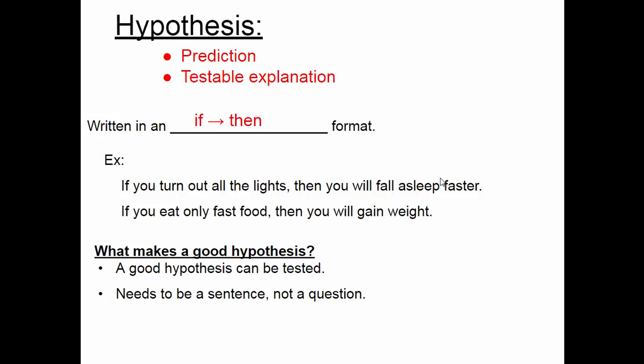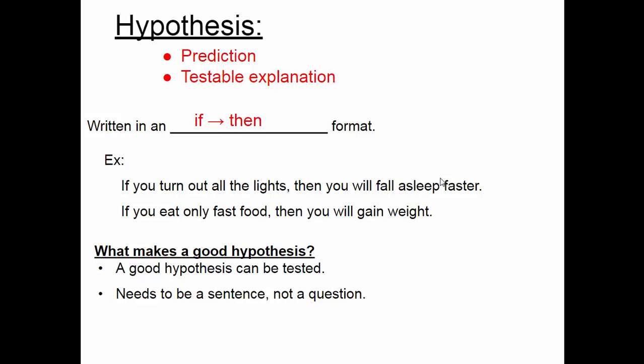How about another one? If you eat only fast food, then you'll gain weight. What's the independent variable in that experiment? Yeah, what type of food you're eating. And the dependent variable? How much weight you gain. Yeah. Are you noticing a pattern? What is found in the if part?